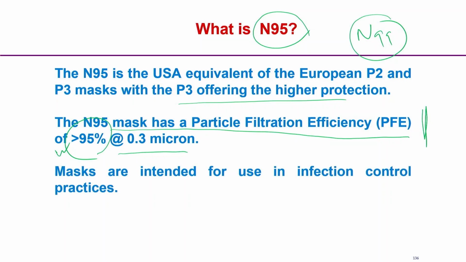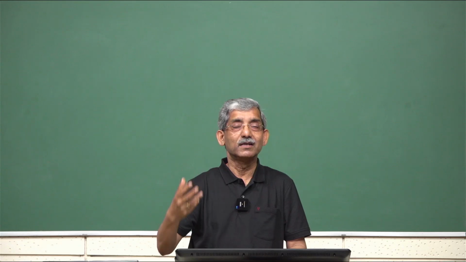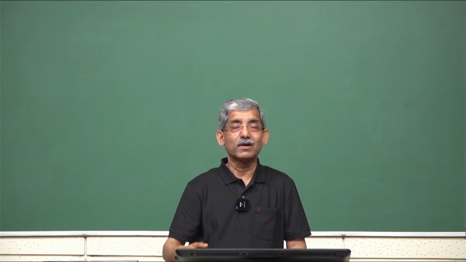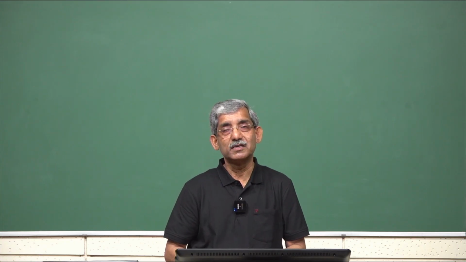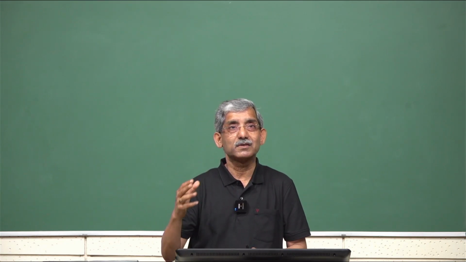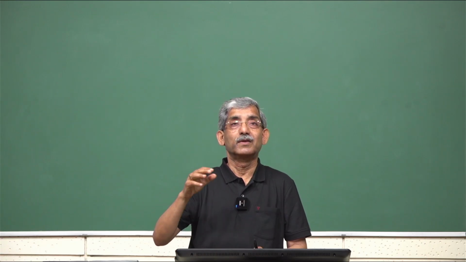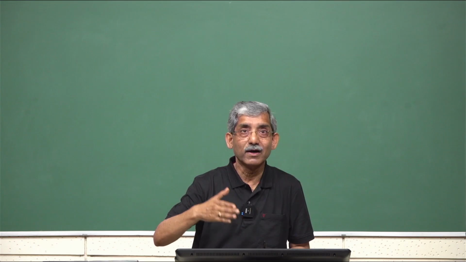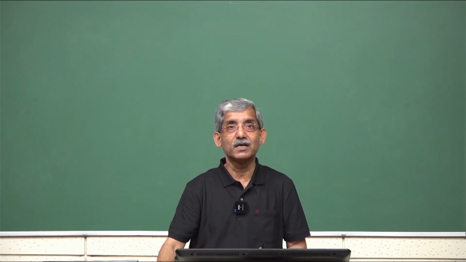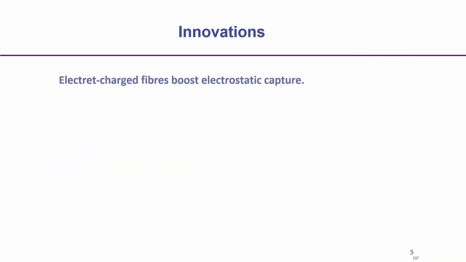For protection from infection, we use minimum N95 masks. Our COVID experience says that we need this type of mask. In our next session we will discuss the details of the mask, their construction, how the different layers are constructed, and the different innovations.